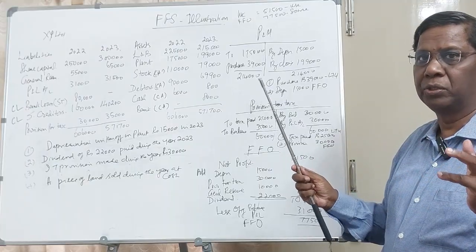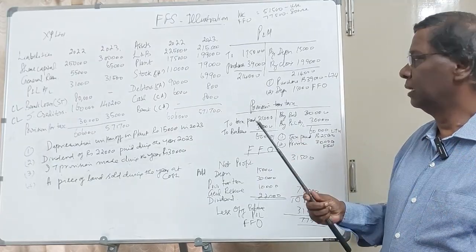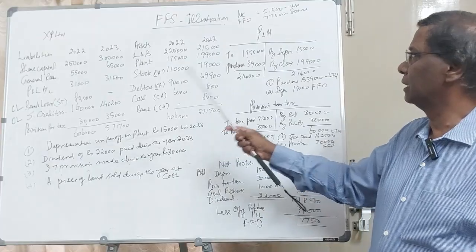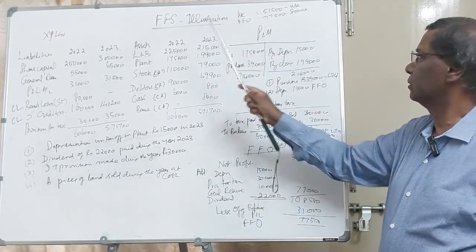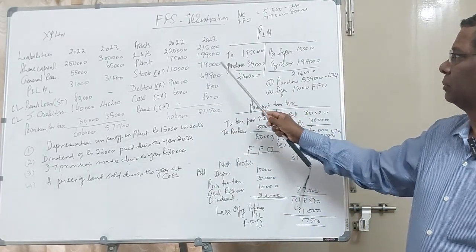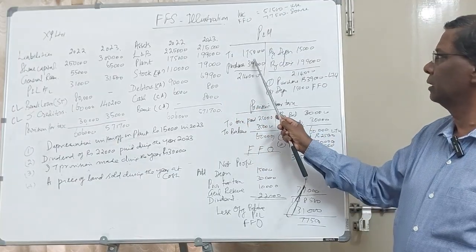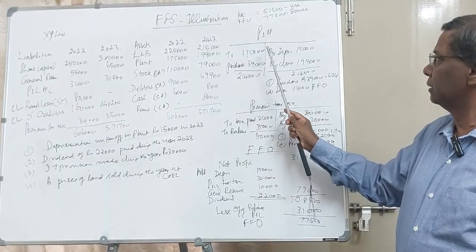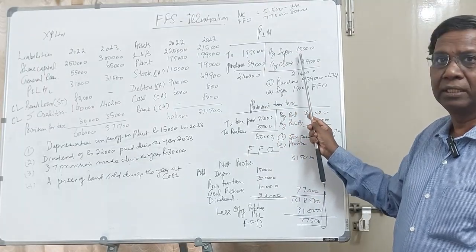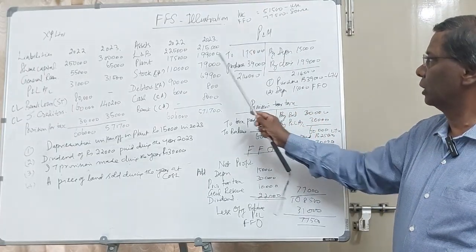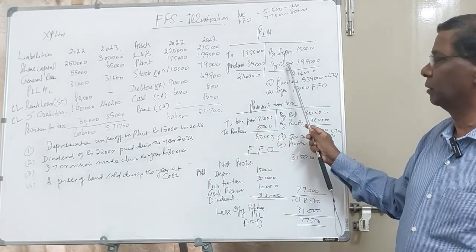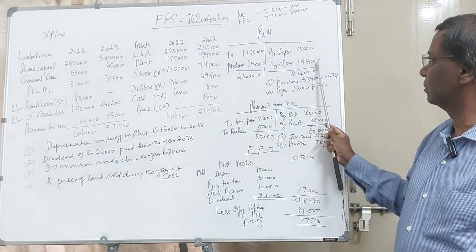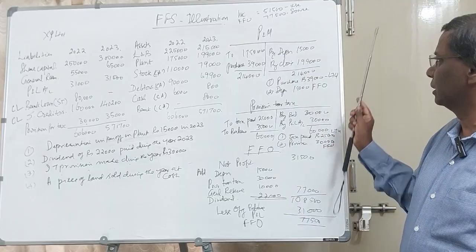Unless you open the account, you can't find out whether any purchases were made, because only the opening balance and closing balance were given. Plant and machinery: opening balance is 1,75,000. Second, depreciation written off, how much? 15,000. The closing balance is 1,90,000. What is the total? 2,14,000 is the total.